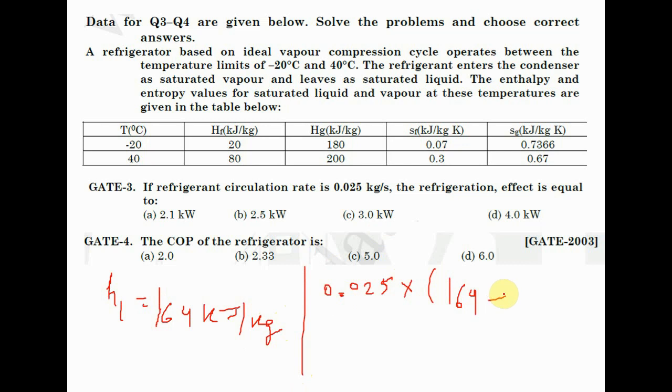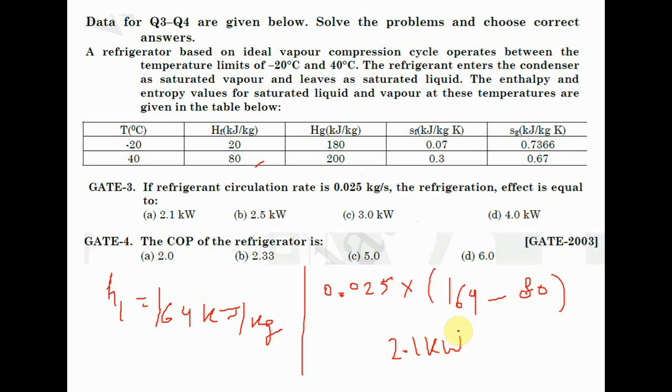H1 you already calculated just now, 164, minus the H4 value I told earlier, equal to H3, and H3 is equal to 80. If you solve this, you will get 2.1 kilowatts.